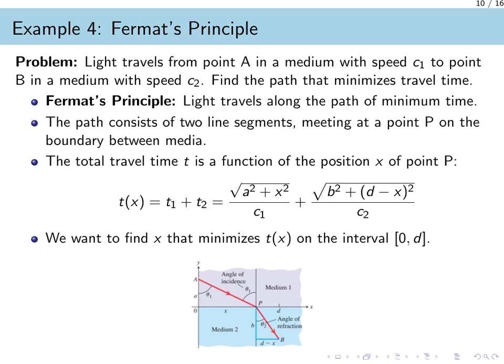The time in the second medium is its distance, the square root of b squared plus the quantity d minus x squared, all divided by the speed c2. Our goal is to find the value of x on the closed interval from 0 to d that minimizes this total time function.